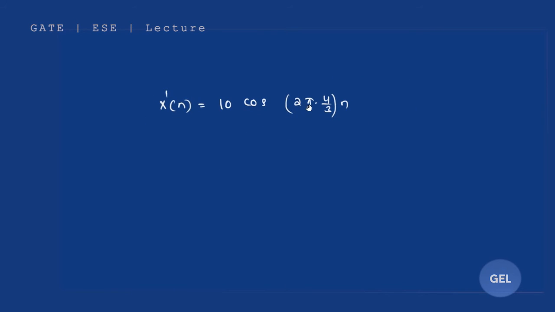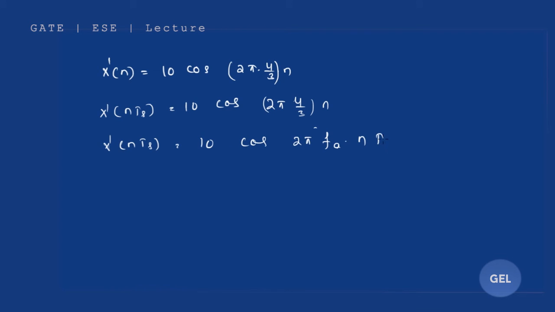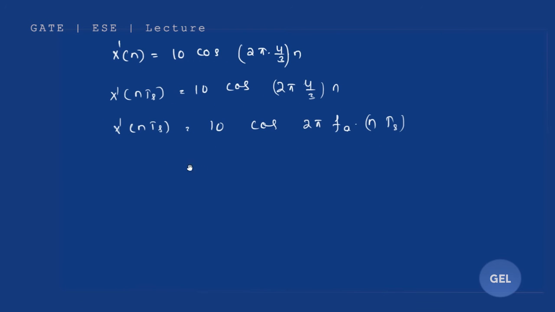Now what is the analog? This is in the format of x dash of nTs. It is in the same format, isn't it? If you relate it with this term, you will get 10 cos(2π fa/fs into n), x dash of nTs.